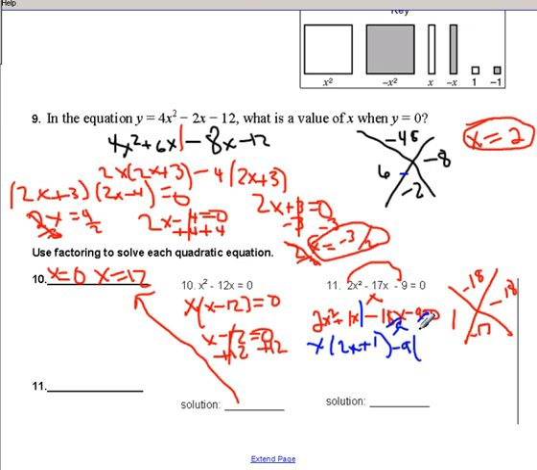A lot of writing, I'm not doing a lot of writing because Smart Slate's hard to write with. So then you get 2x plus 1. What do we have in common? 2x plus 1. And I'm just going to go 2x plus 1, and I'm going to set that equal to 0 now. And my other factor would be x minus 9. Set that equal to 0 now.